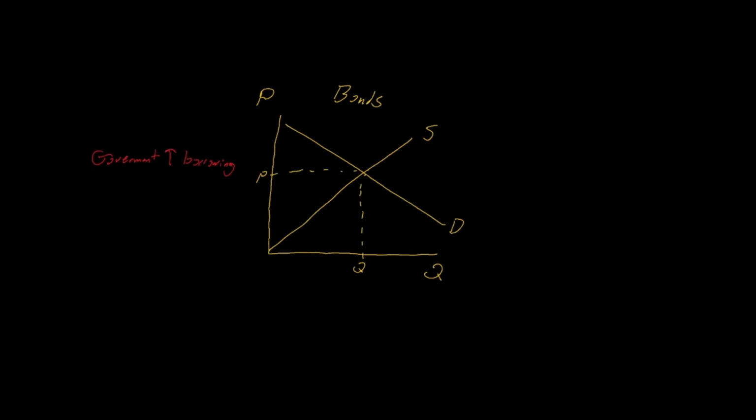Okay, so the last example we're going to go through, and a very popular one that happens all the time, is what happens when the government increases their borrowing, meaning they supply more bonds. And I'm sure you can guess this, but supply would increase. And this is probably like a no-duh scenario for a bunch of you guys.